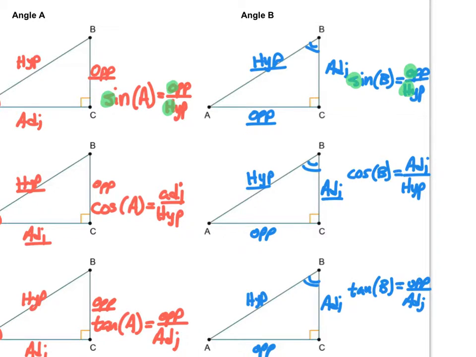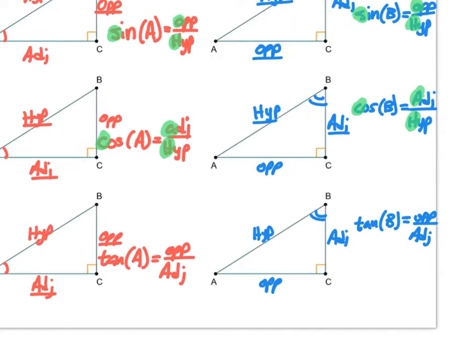And then with cosine, it was a C, an A, and an H. Same thing over here, a C, an A, and an H. With tangent, you had a T, an O, and an A. Same thing over here, T, O, and A.